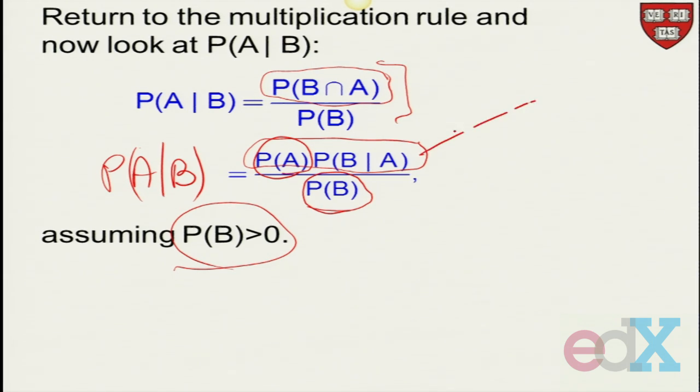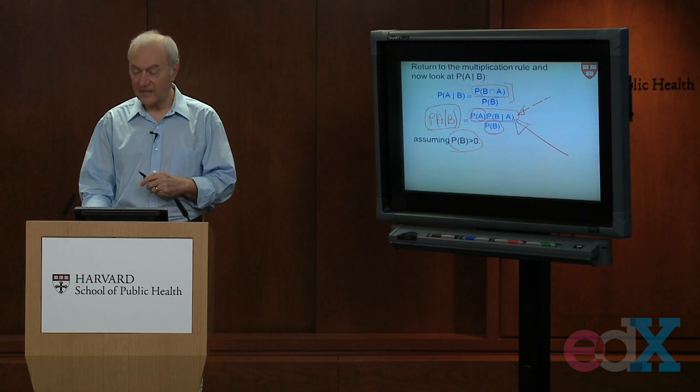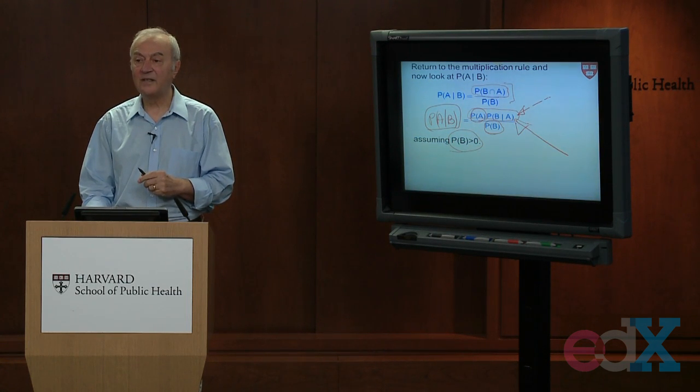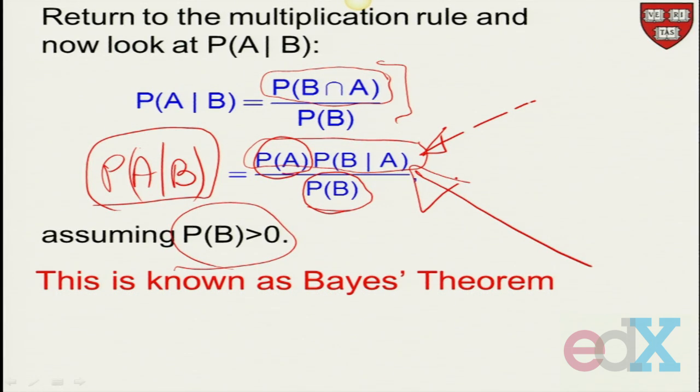And what conditional do we have here? P of B given A. In other words, the roles of A and B have been switched. So we go from conditioning on B to conditioning on A, which we're going to find very useful when we get to diagnostic testing. Extremely useful. This formula, or this rule, is called Bayes' theorem.